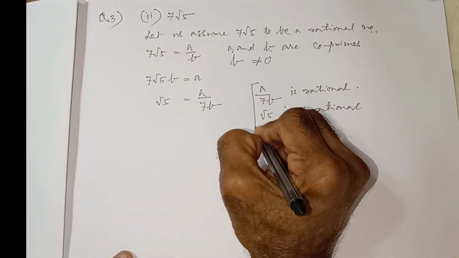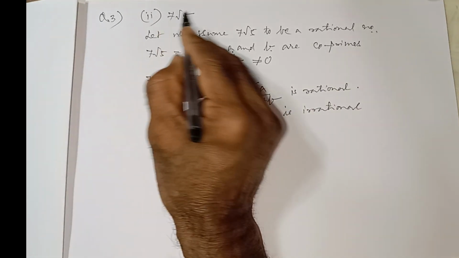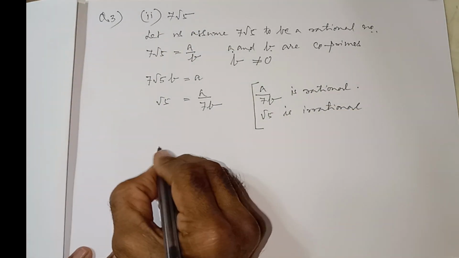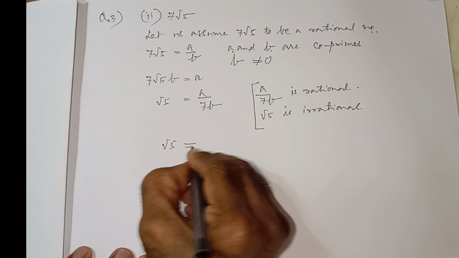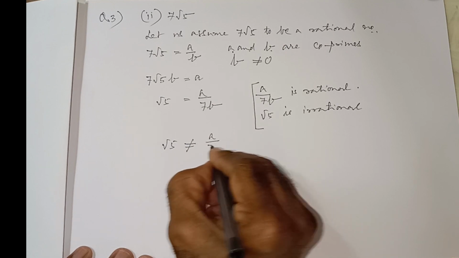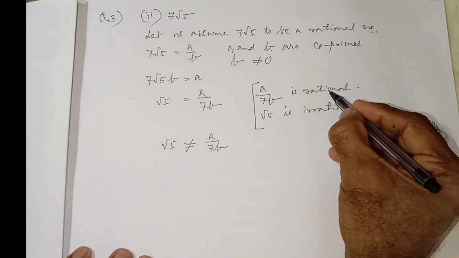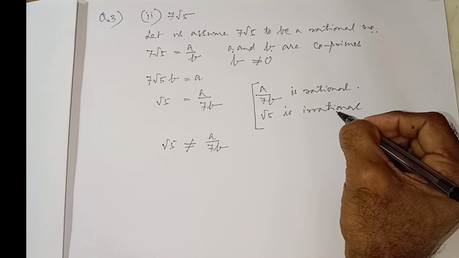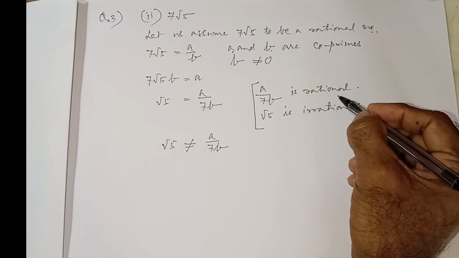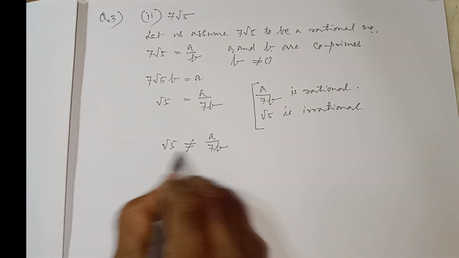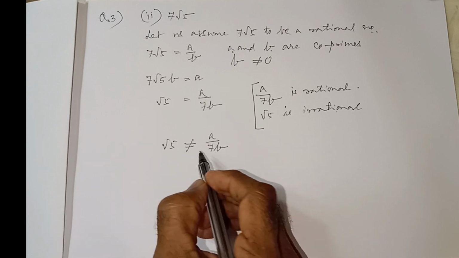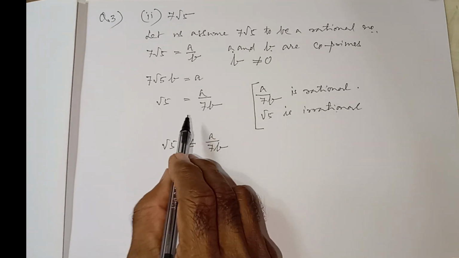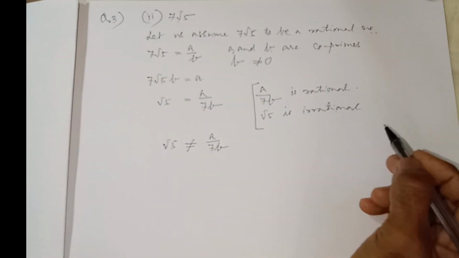With this, we can find that the given number is irrational. How? Root 5 can never be equal to a by 7b because a rational number can never be equal to an irrational number. This is one very good condition to disprove this. If it is so, we went wrong in assuming that 7 root 5 is a rational number.